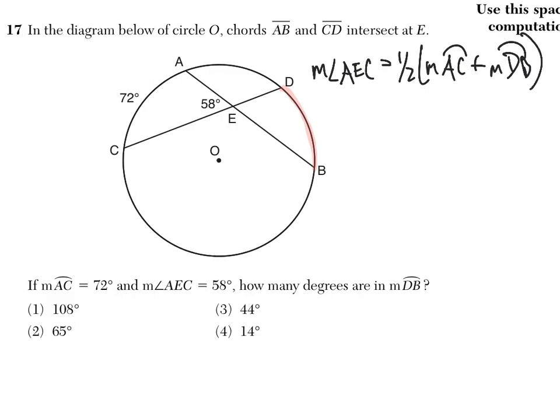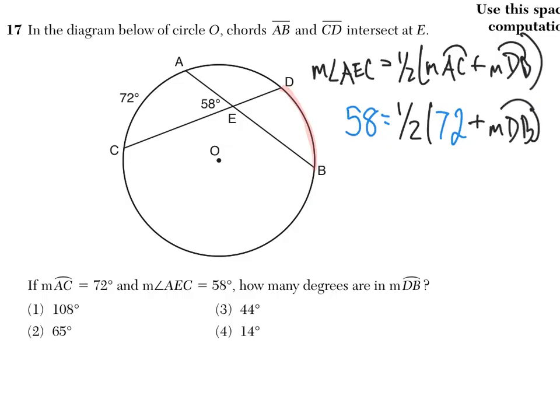All right, so let's plug in these values. Instead of angle AEC, we're going to write 58 equals 1/2. And then instead of arc AC, we're going to write 72 plus, we don't know what arc DB is, so we're going to leave that like so.